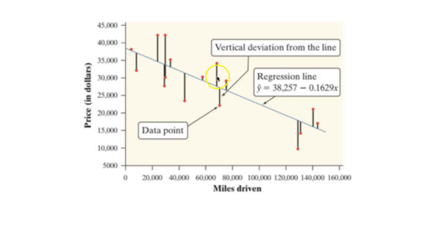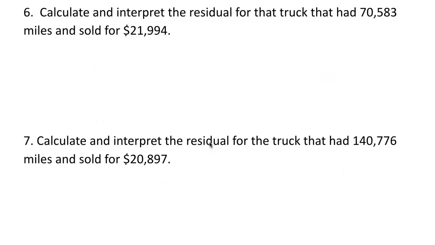This data point has a positive residual because it's above the model. In this scenario, your model under-predicted the cost of that truck. Interestingly, the calculator is minimizing this distance, and if you add all these residuals together, they will equal 0, but more on that later.